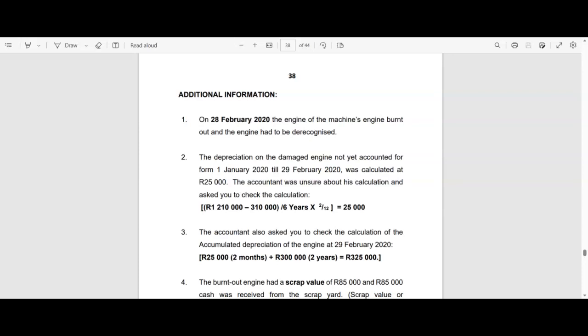You remember we said the other day that if the asset has got no value for you anymore, you should de-recognize it. So if you can still continue using it, even if you've written it down to 1 rand, then you should probably not reduce it to zero. But here we are now in a different situation. Why we have to depreciate this completely, totally, fully to zero is we are not going to further use that engine.